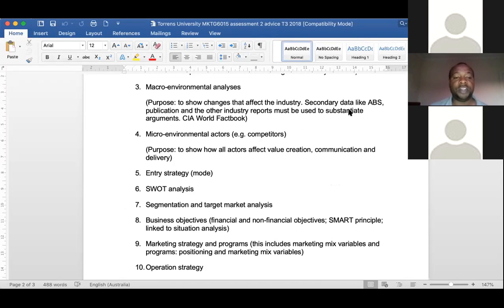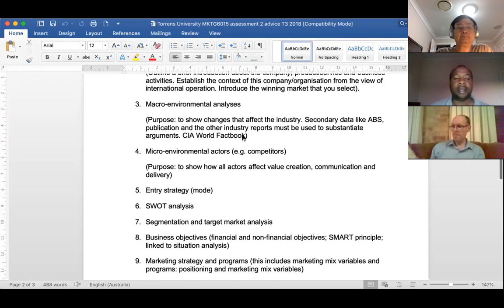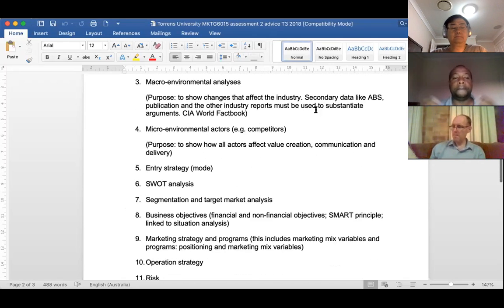There's number 6, SWOT analysis. And I understand when you're doing the micro and macro analysis, you touch on strengths and weaknesses, opportunities and threats. Do we need to have a SWOT analysis again?